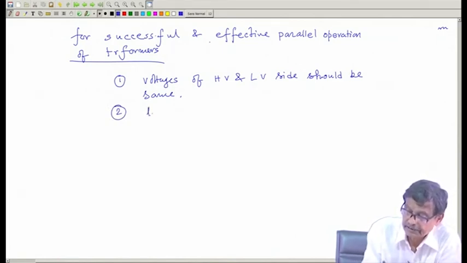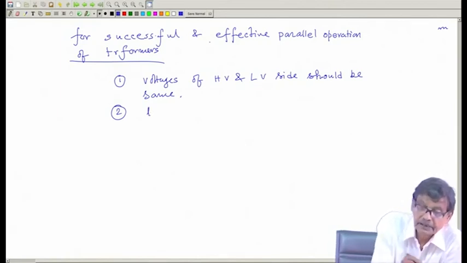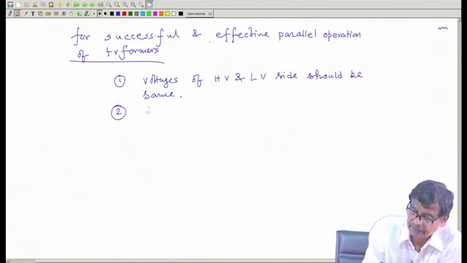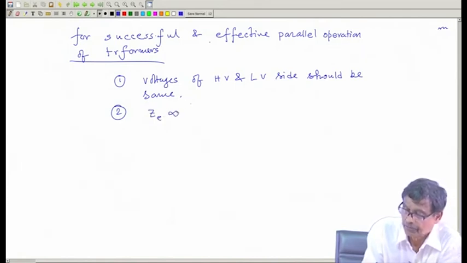leakage impedances. I am writing in short, leakage impedances should be inversely proportional to their KVAs. This is in ohms.